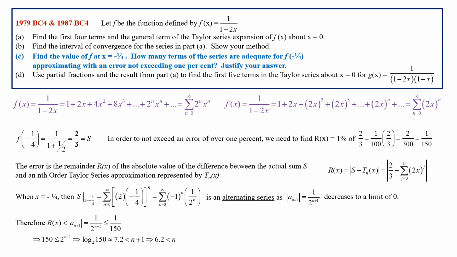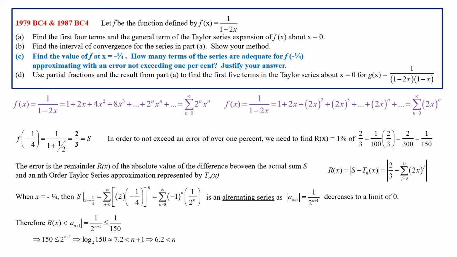My remainder of x is always going to be less than the next term's absolute value. And since the next term's absolute value is going to be 1 over 2 raised to the n plus 1, which is just literally the next term based on the geometric series that we came up with just a few moments ago, we need to make sure that number is always less than 1 over 150.